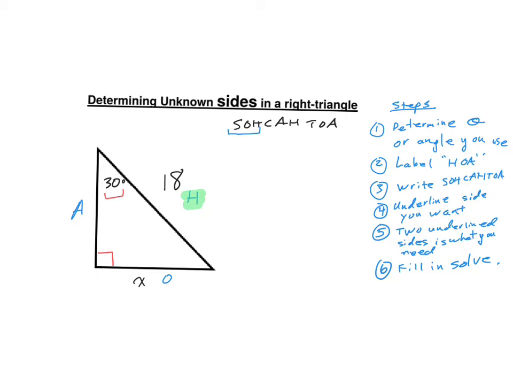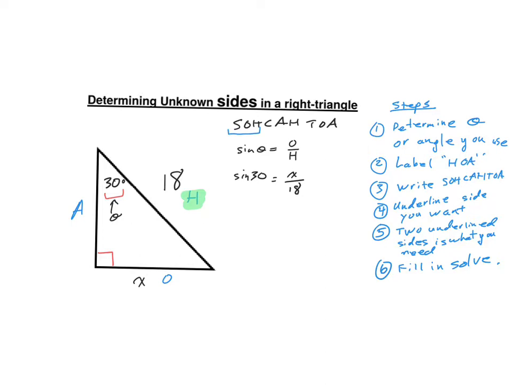So let's simplify by substituting. We write sine of theta is equal to O over H, and then we substitute accordingly. Theta in this case is 30. So we're going to write sine of 30 is equal to O, which is x, over 18.